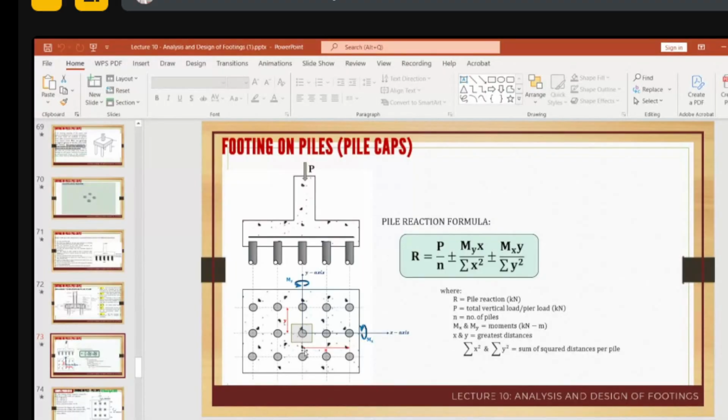So x and y are measured from the centroid to the location of the loading in the x direction and y direction.